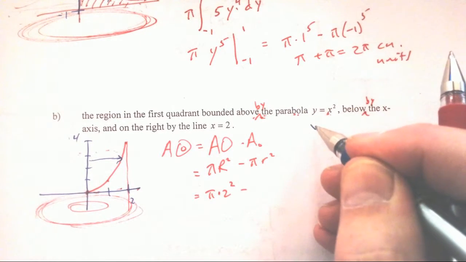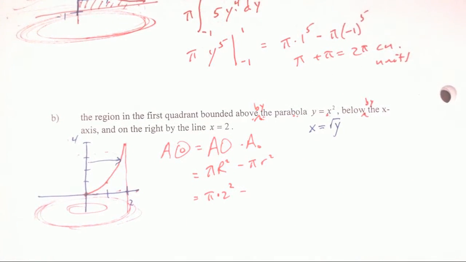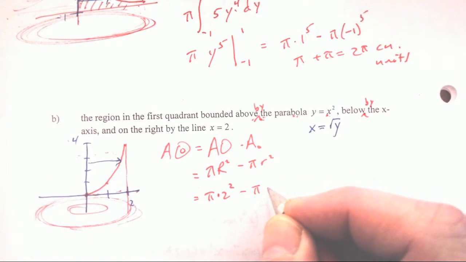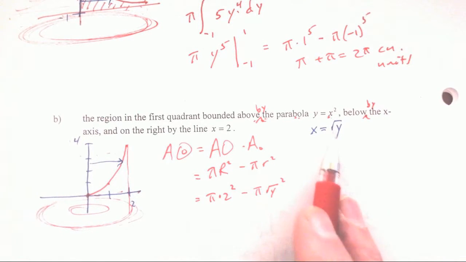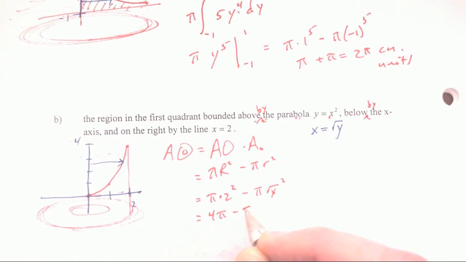X is equal to the square root of y. We need to put the square root of y in here because we're rotating about the y-axis. So that is pi times the square root of y, squared. There's our little r. Again, rotating about the y-axis, we need dy's here, so we need this in terms of y. So we get 4 pi minus pi times y.